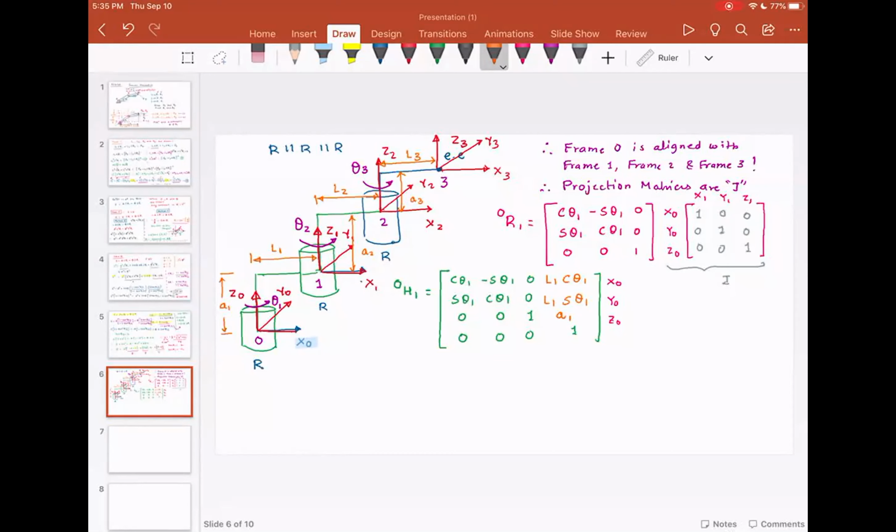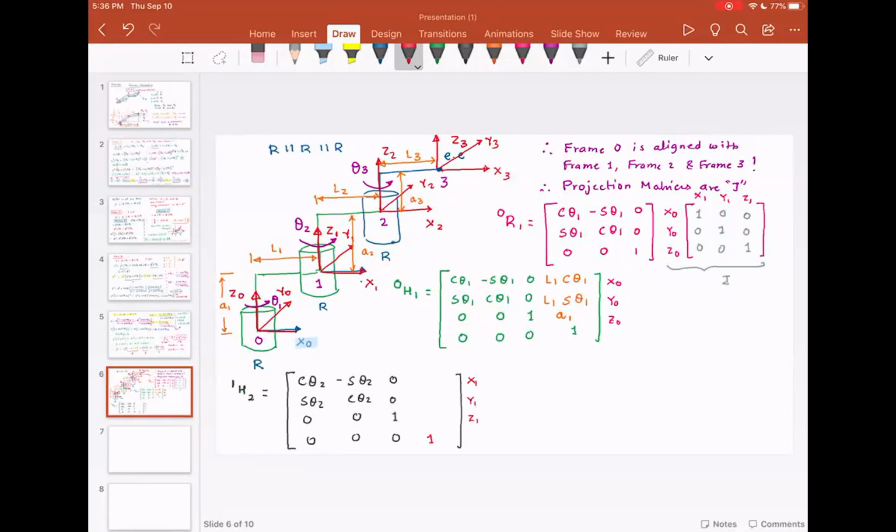Now please note 1h2 can also be written as cosine theta 2, minus sine theta 2, 0; sine theta 2, cosine theta 2, 0; 0, 0, 1; 0, 0, 0, and now here I need the distances along x1, y1, z1.